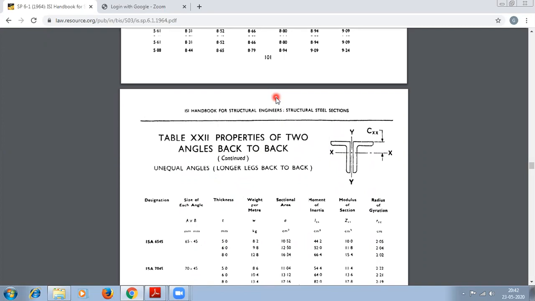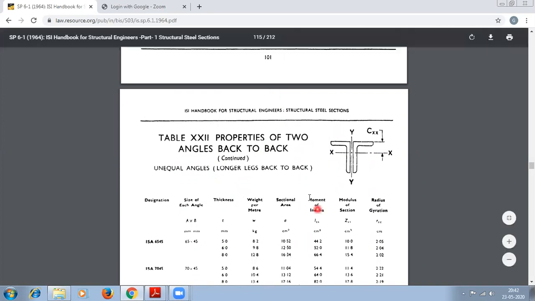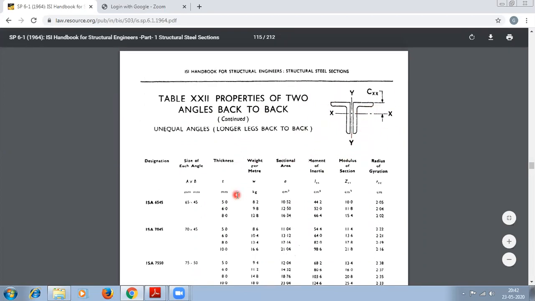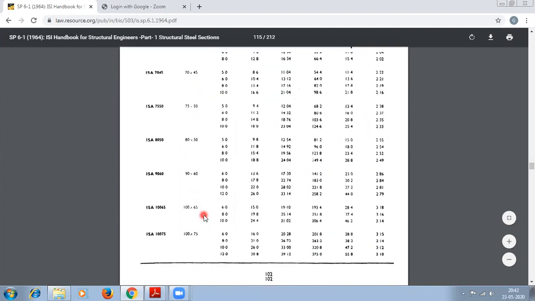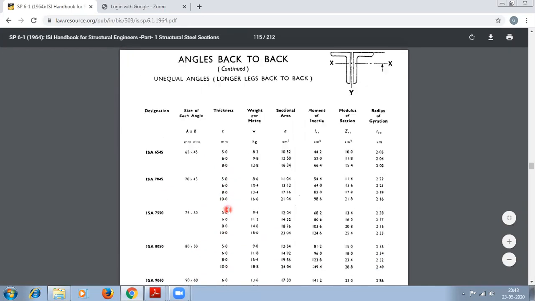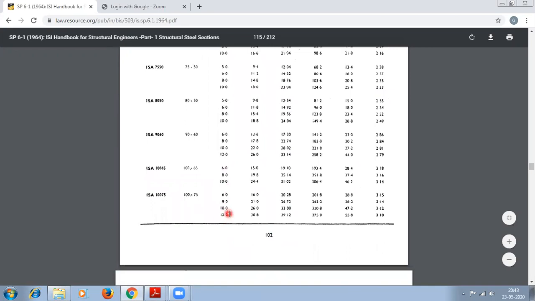So first search for back to back angle section. Here the back to back angle section for this figure you need to search. Then search for 100 by 75. After that the thickness; the thickness is at the top. The thickness is 10.